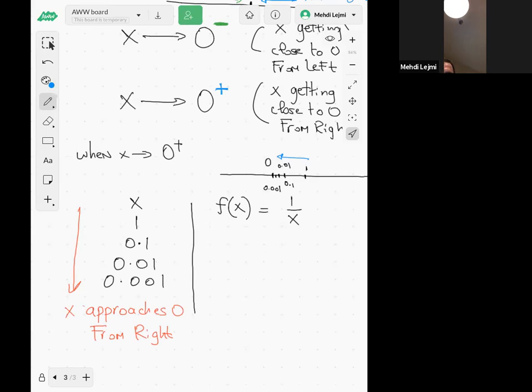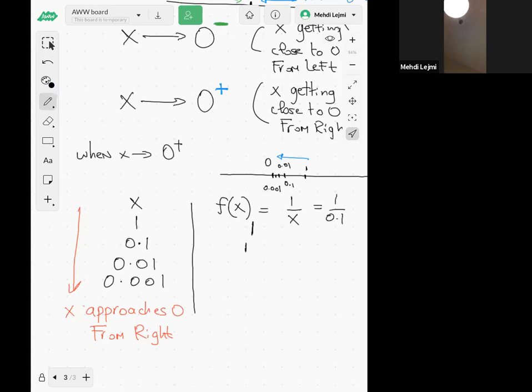Okay. Now, what we are interested in is the values of the function f. So when x is 1, f of x is just 1 over 1, which is 1. When x is 0.1, what will be 1 over 0.1? That will be 10, right?